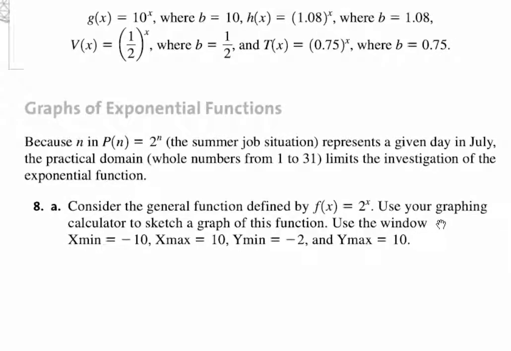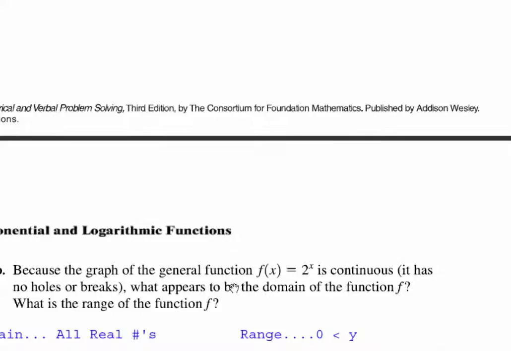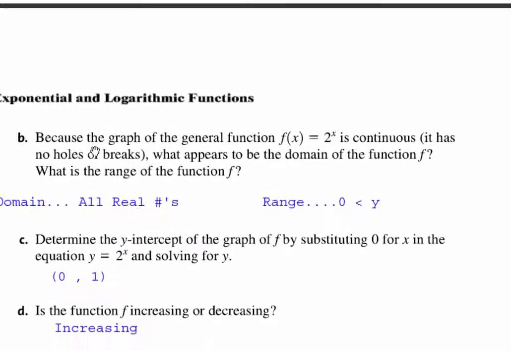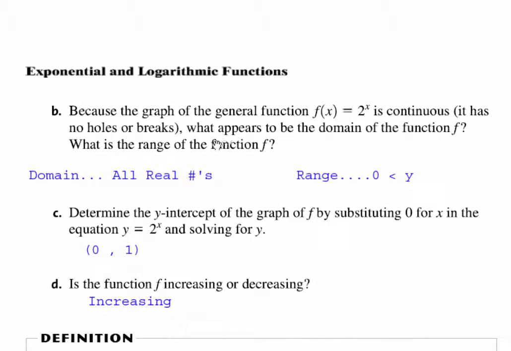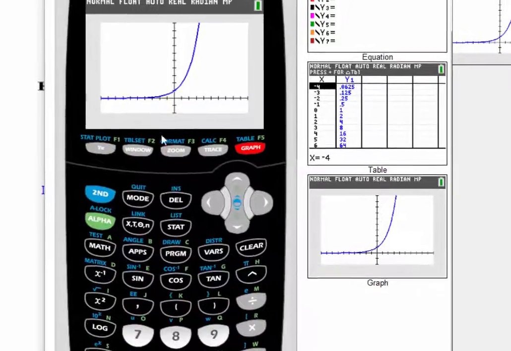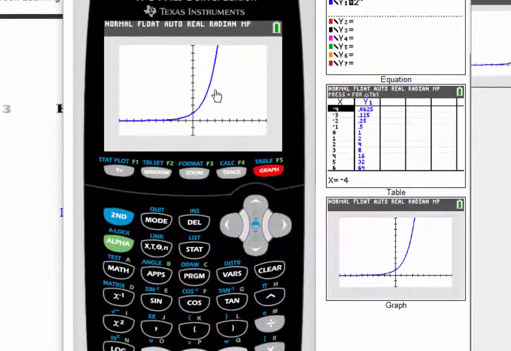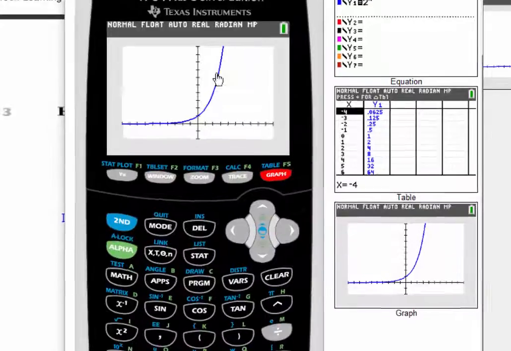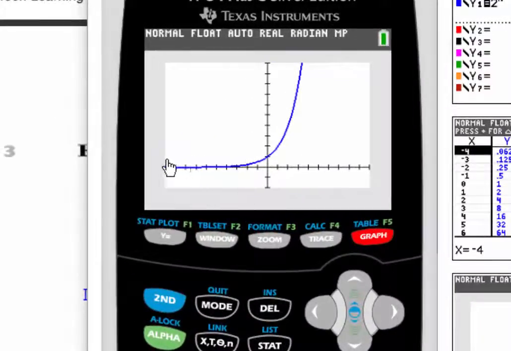It says use your calculator to sketch the graph. We've done that. Then it says because the graph is continuous, it has no holes, what appears to be the domain of the function? The domain is really any of the x values that are acceptable. This graph goes down and to the left, basically to -infinity, and it goes up and to the right to +infinity. So really, x can be any value. So I would say the domain is all real numbers.